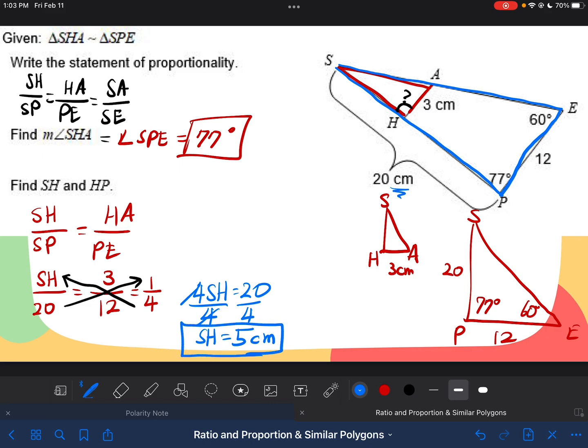Perfect. But what is HP? So we're looking for this section as well. Well, we just figured out this section is 5. Obviously the overall is 20. But we want to subtract 5 to get 15 centimeters for HP.